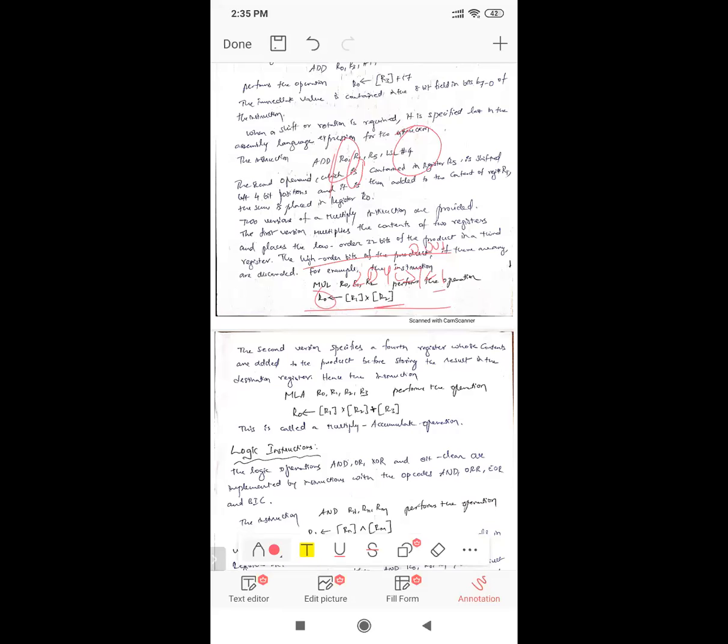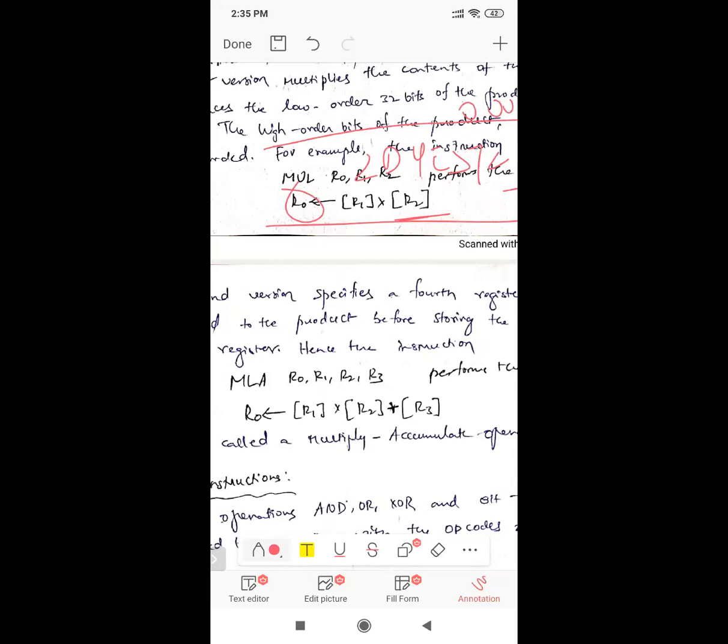This instruction performs R1, R2 multiply. R1 and R2 both are multiplied, and the content of R3 is added here.